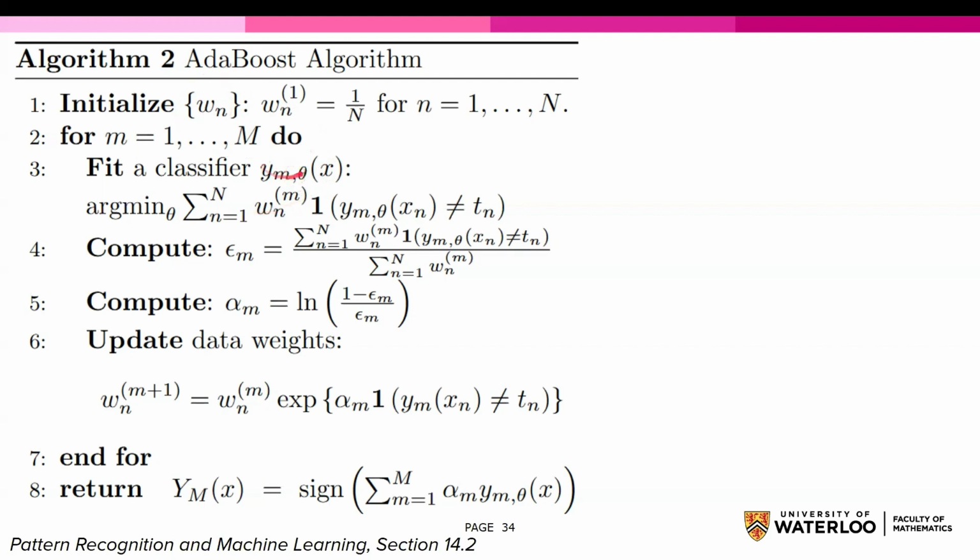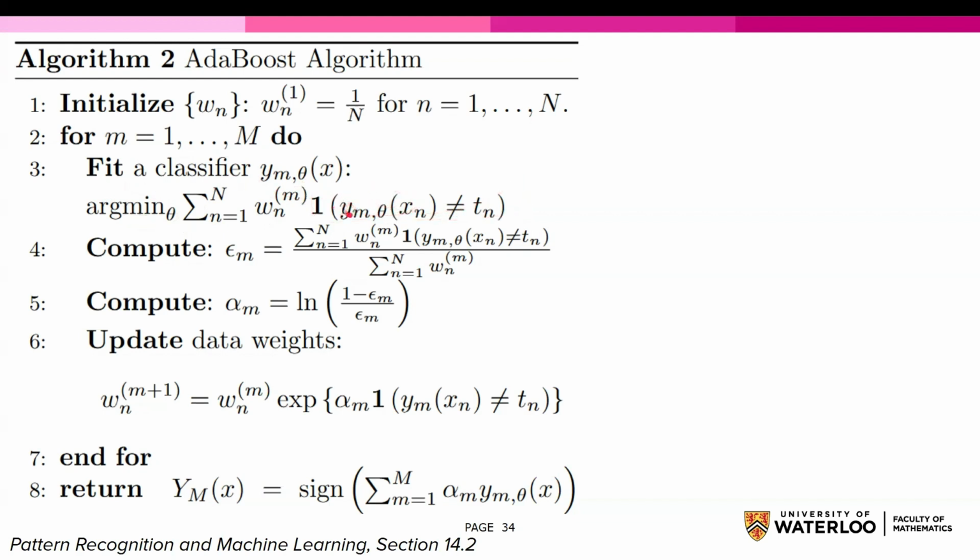Each classifier is going to be parameterized by some arbitrary set of parameters theta. Fitting a classifier is going to, in general, involve finding the parameters theta that minimize the loss, in this case a weighted sum of misclassifications.